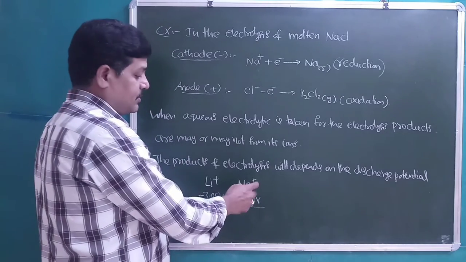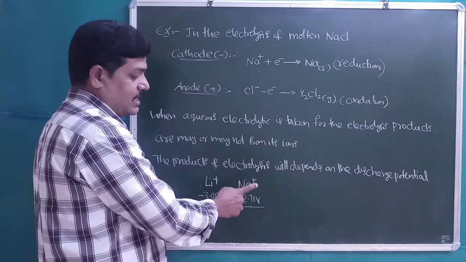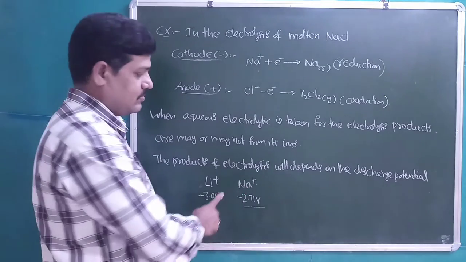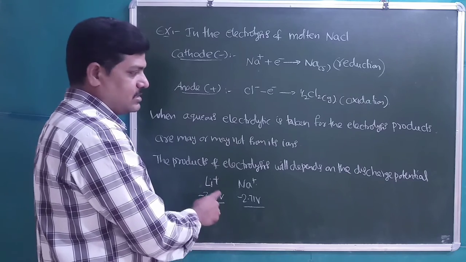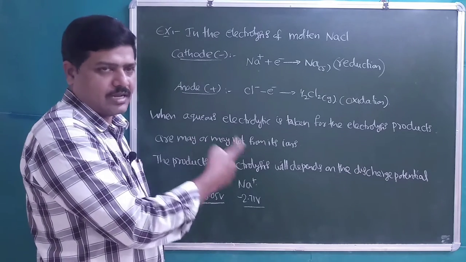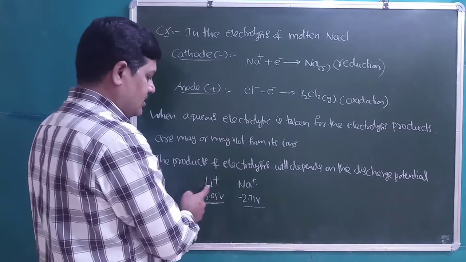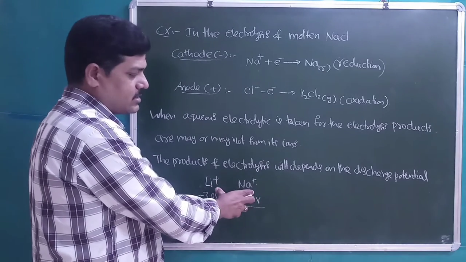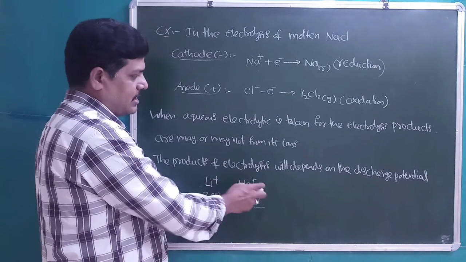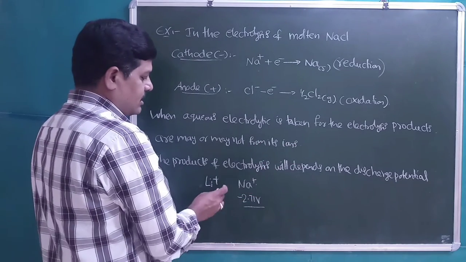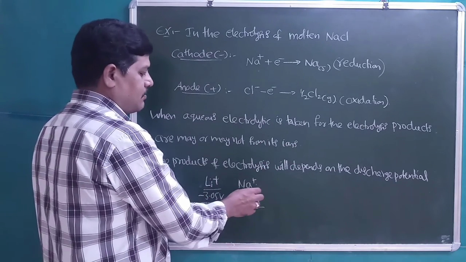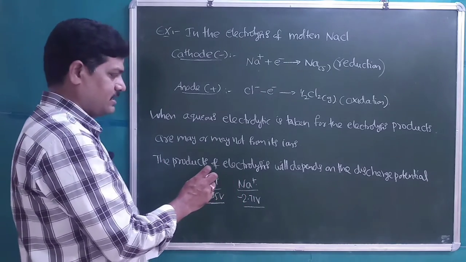Metal which has a more negative reduction potential requires more discharge energy. So when Li+ and Na+ are present in the same electrolytic solution, Na+ will get discharged instead of Li+.